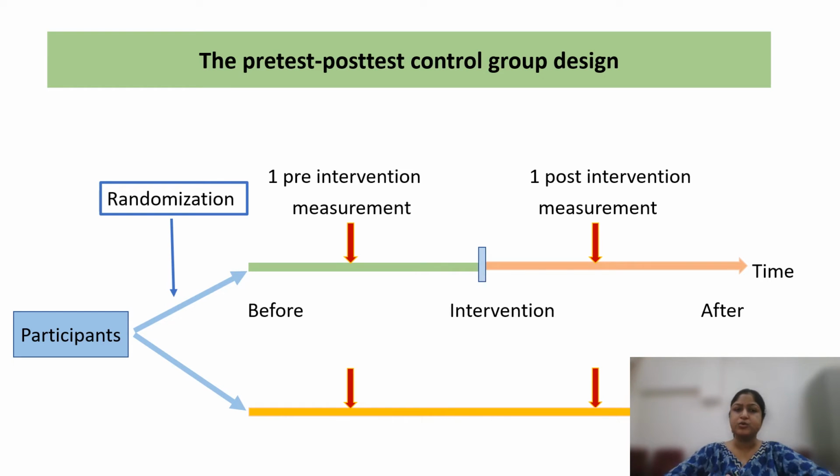In the pre-test, post-test control group design, again, there would be randomization. There would be one pre-intervention measurement in both the groups, the one receiving the intervention and the one not receiving the intervention, and one post-intervention measurement. The degree of change between two time points then will be compared in the two groups.